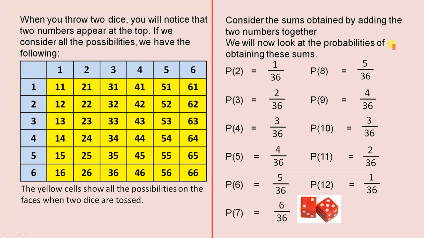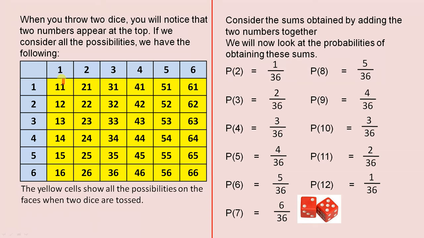Consider the sums obtained by adding the 2 numbers together. So basically we're after the sum of the 2 numbers on the top. We will now look at the probabilities of obtaining these sums. The probability of obtaining a 2: the only way you can get a 2 is if you toss a 1 and a 1.